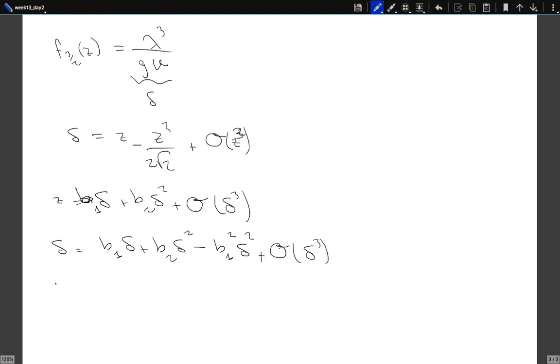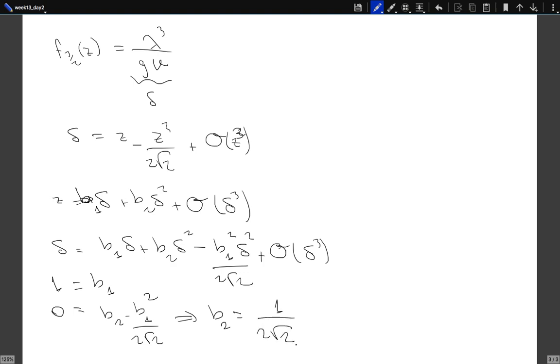The coefficient of delta is 1 on the left-hand side and b1 on the right-hand side, so b1 is 1. The coefficient of delta squared on the left-hand side is 0, on the right-hand side it is b2 minus b1 squared over 2 square root of 2. This should be 0, so this tells me that b2 is equal to 1 over 2 square root of 2.